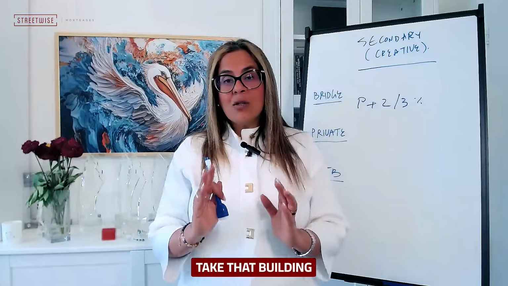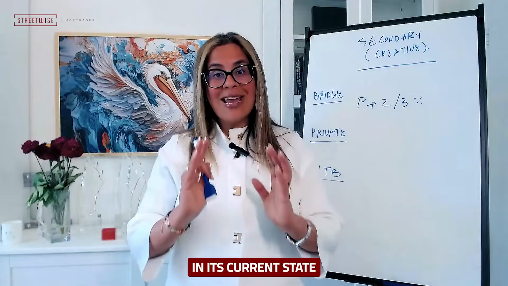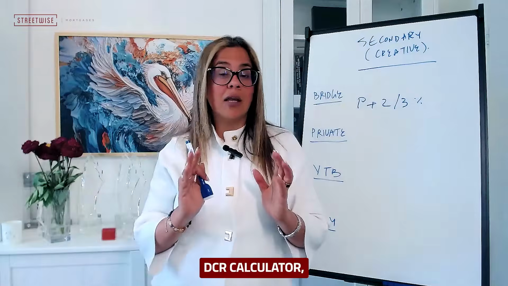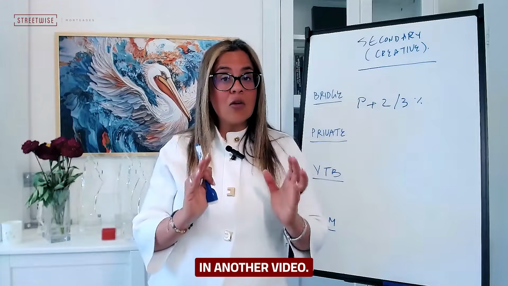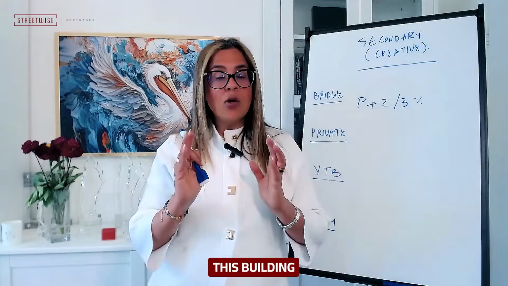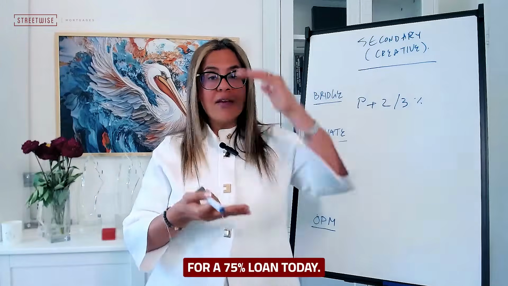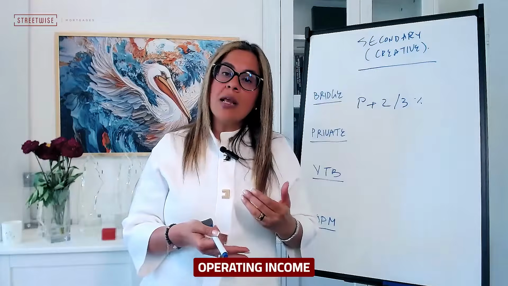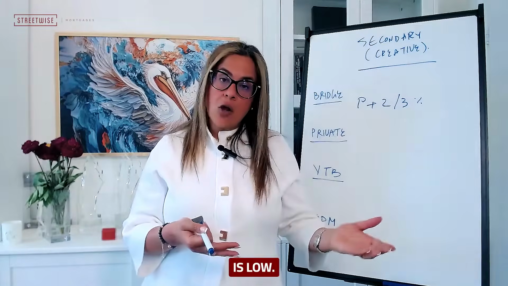If you were to take that building in its current state and run the numbers using a DCR calculator, which I talked about in another video, you will see that this building would not qualify for a 75% loan today. Why? Because its net operating income is low.